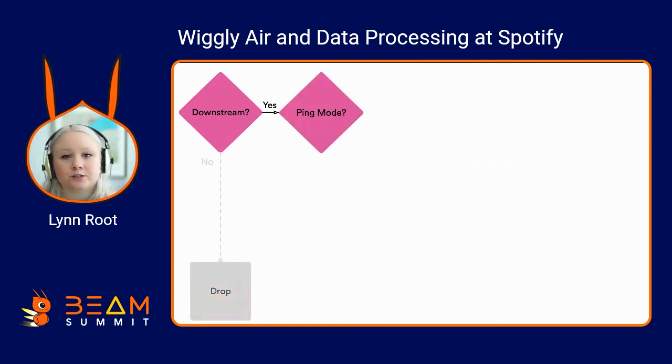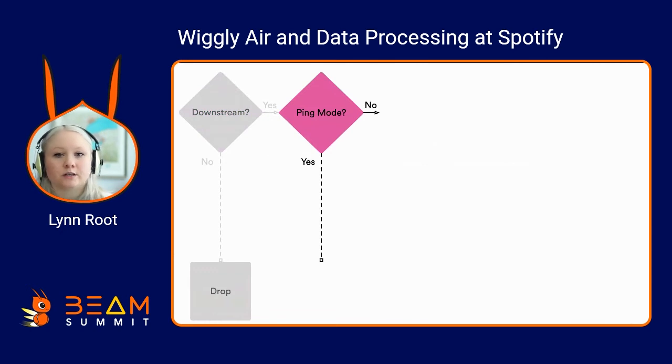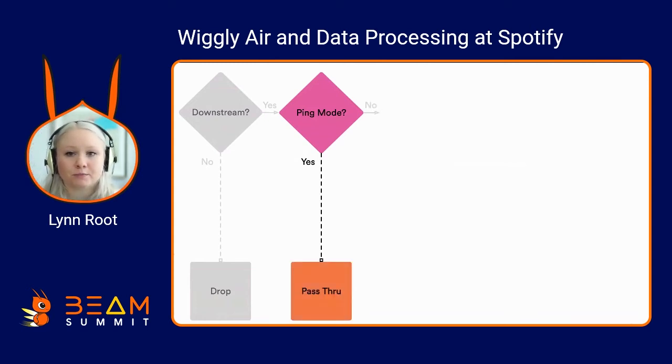However, if this job is in the downstream path, or if there's actually no downstream path at all, meaning that it's top-down execution, then Clio moves on to the next check, which is: is this message in ping mode? And ping mode just follows a graph obeying top-down, bottom-up execution, but doesn't trigger any work. So if it's in ping mode, the message then just gets passed through and published to the job's output topic.